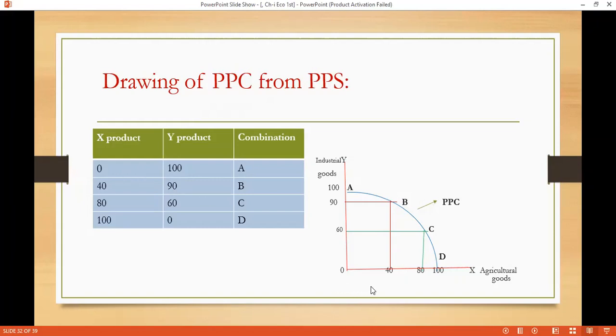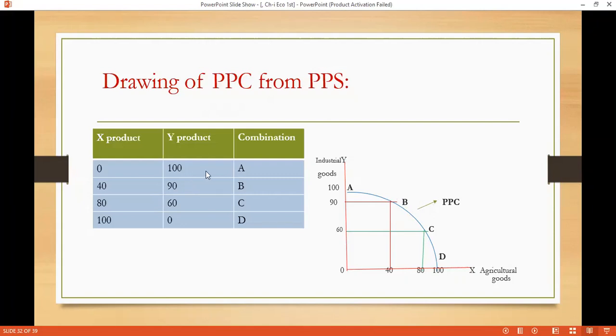So on the horizontal axis, X product is measured, suppose agricultural goods, and on the vertical axis, production of Y product is measured. And see combinations A, B, C, D. Here also in the PPC curve, the four combinations A, B, C, D are represented in the graph.